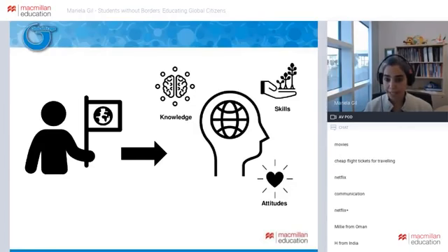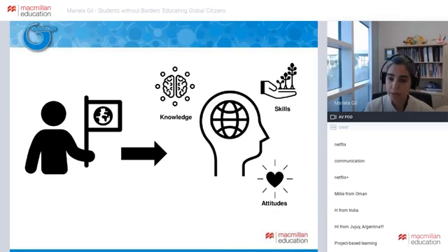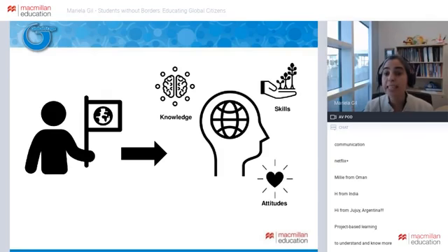So I'd like to introduce the idea that global citizenship has 3 domains to it, 3 areas in which we develop it. One is the knowledge about global citizenship and what we understand of it, the cognitive aspect of it. Another is the skills that we develop in order to implement it, the things we can do. And then a third is the attitudes, our values, what's in our heart.